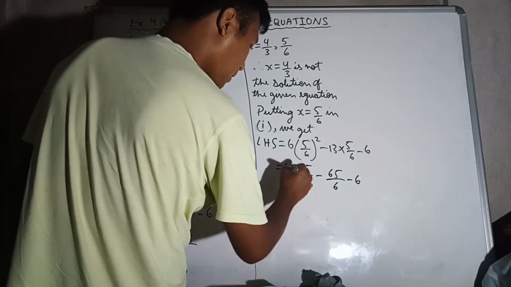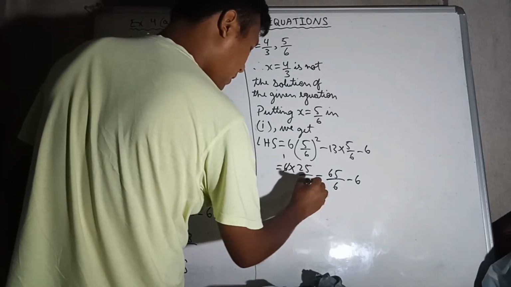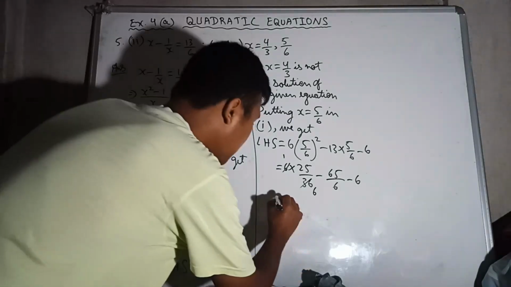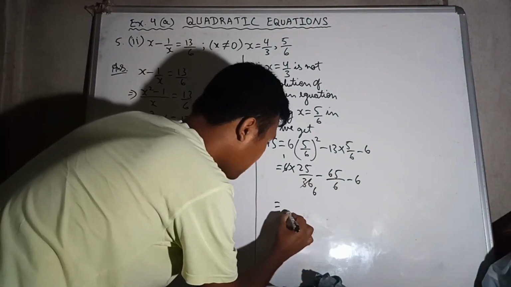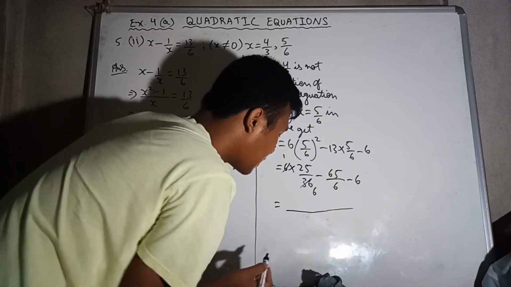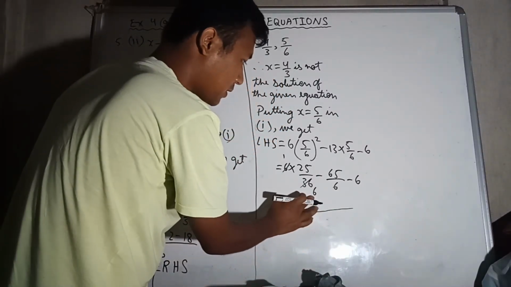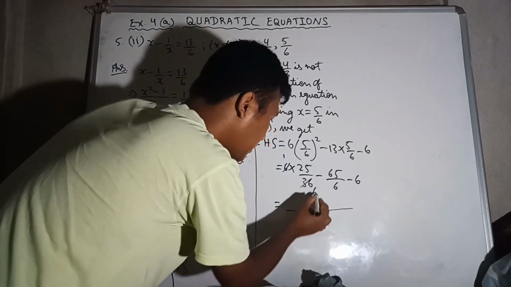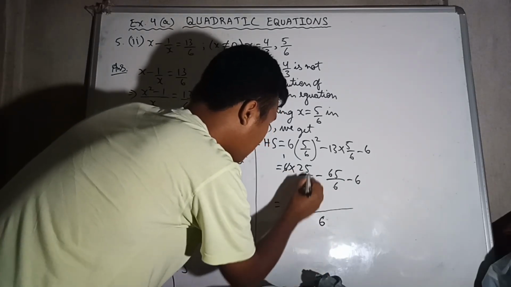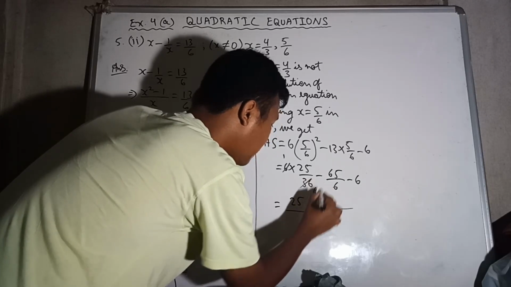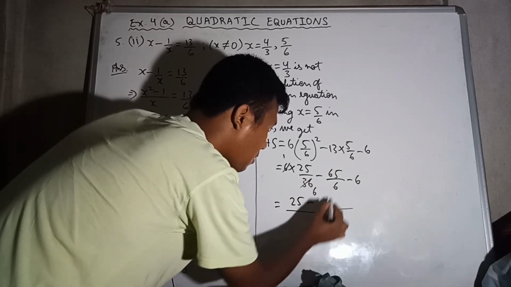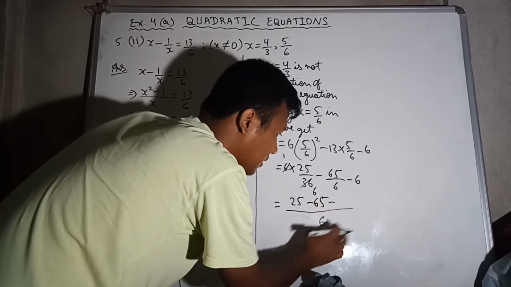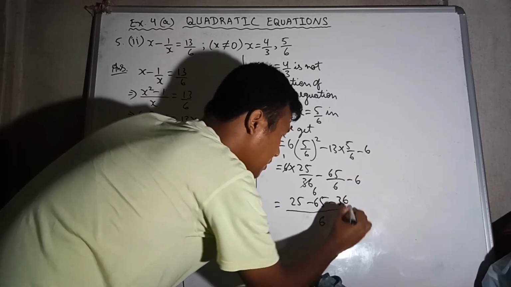They cancel: 6 into 25 over 36 gives 25 by 6. Now taking LCM 6: 1 into 25 is 25, minus 65, minus 6 times 6, 36.